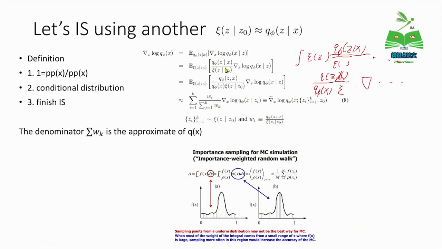So now we can get almost the same method. This part is f(x) divided by q(x), divided by p(x), and the w, the importance weight.